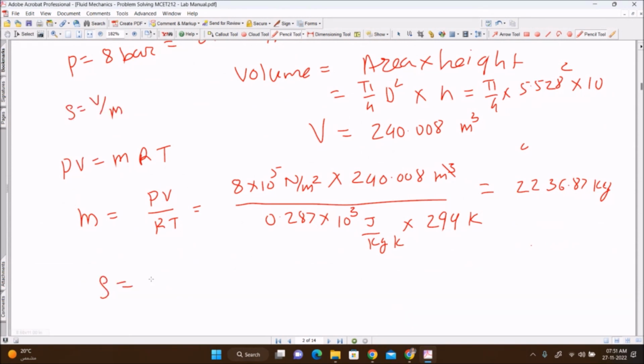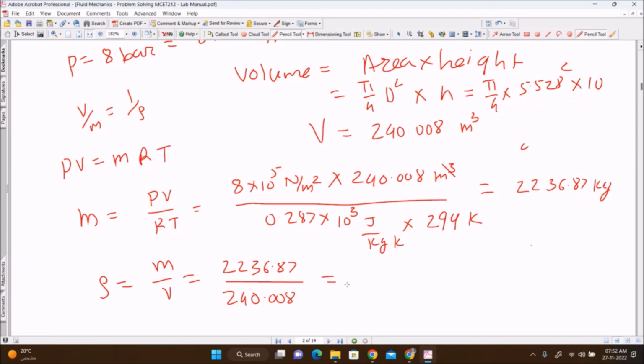So rho is equal to mass by volume: mass is 2236.87 kilogram and volume is 240.008 meter cube. So density is equal to 9.323 kilogram per meter cube.